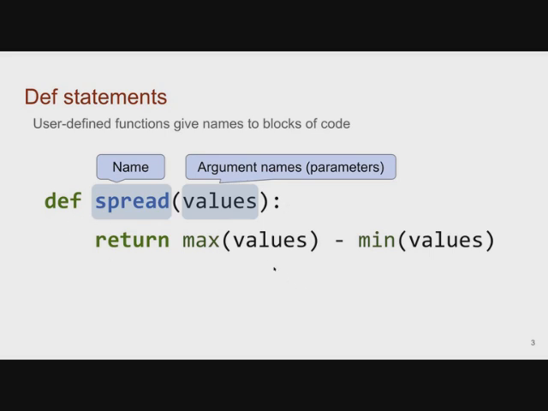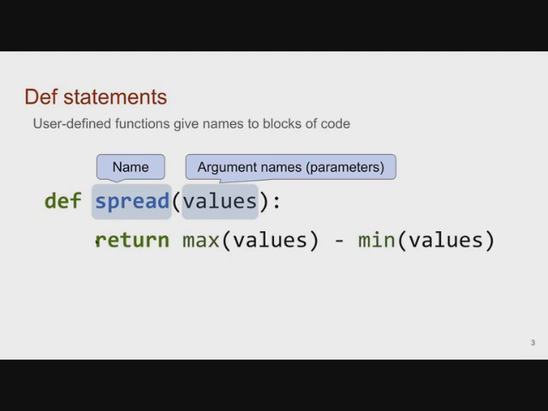And then the lines underneath this function, in Python in particular, all of the lines in the function have to be indented to the same width, okay? In this case, there's just one line in our function, and so you can see how it's indented.